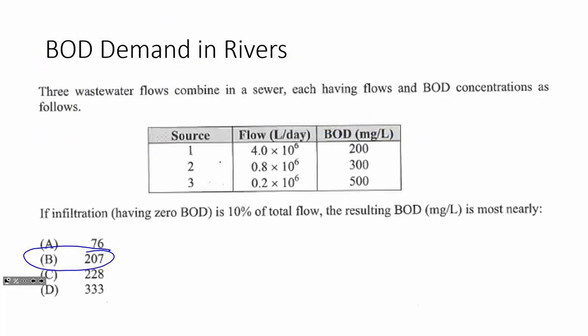So I think that's going to be answer C there. So if you do not include infiltration, you could get the wrong answer there. Okay? Got to be careful with those kind of details.